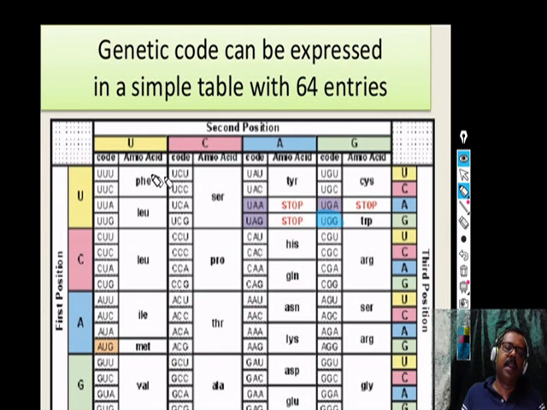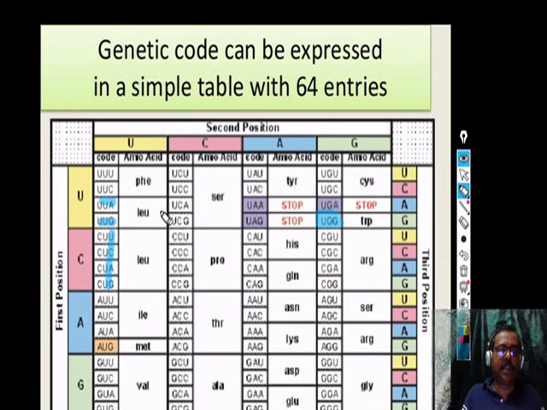And here you can see that there are certain amino acids which have more than 1 codon. Leucine is an amino acid which has 6 codons. Here you can see these are the 2 codons and these are the 4 codons.